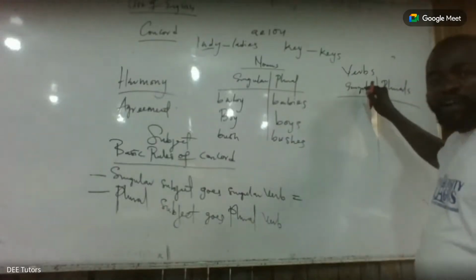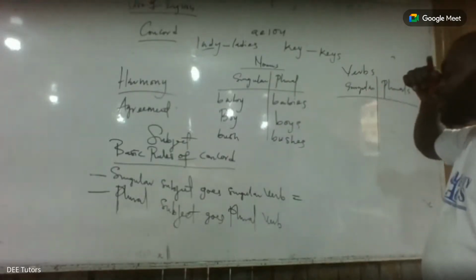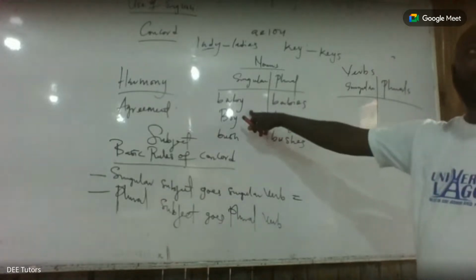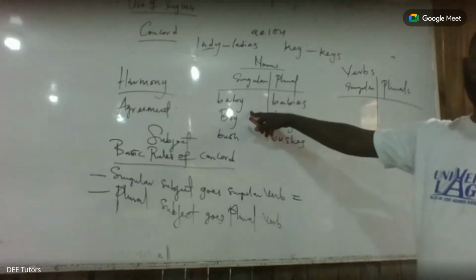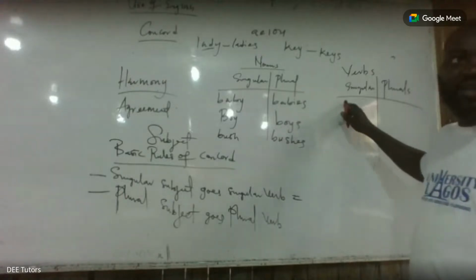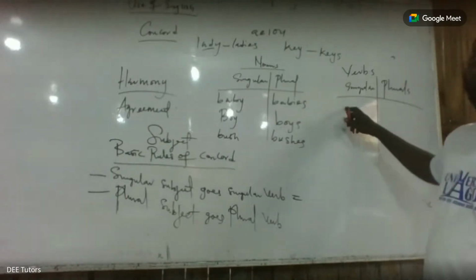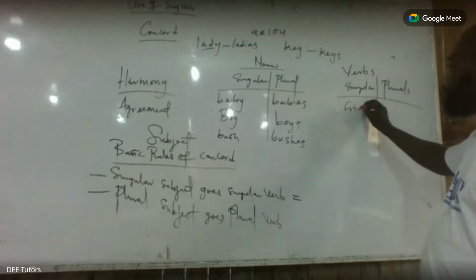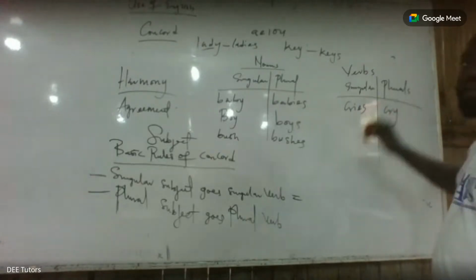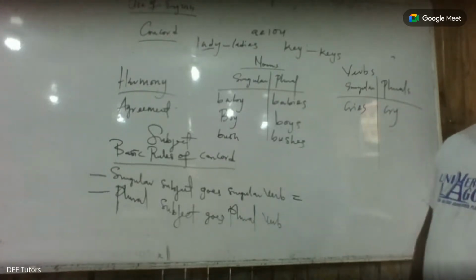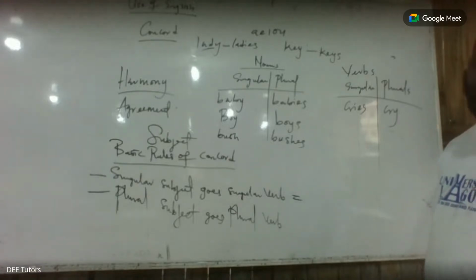So in the case of verbs, cry is one of the actions of a baby. Is that not? So if you want to write the singular form of cry as a verb, it's going to be cries, while the plural is going to be cry. Do you get that?